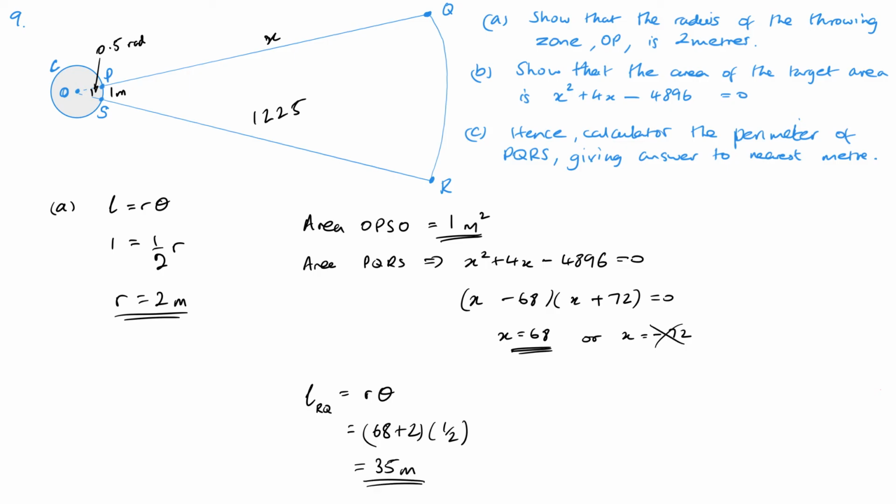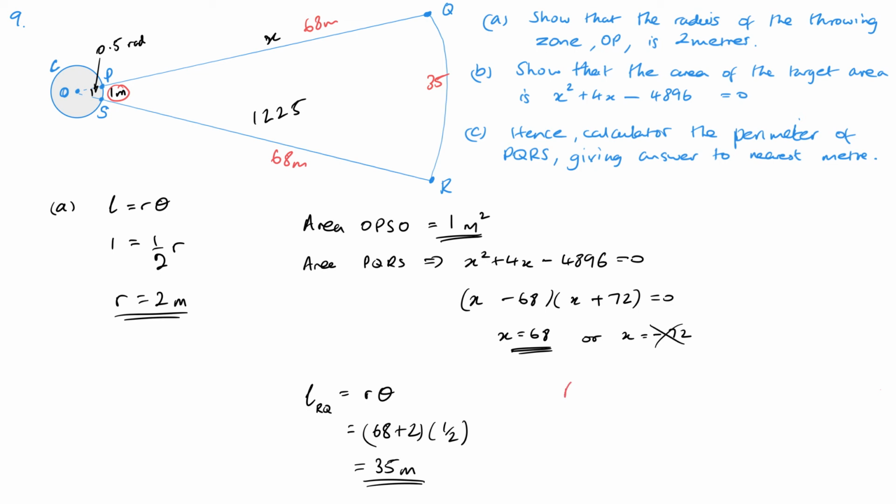Okay, so we've got 1 meter. If I put these on now in red, just so you can see, well, the 1 meter is already there. We've got 68 meters here. This is going to be 68 meters because it's also a radius. And then this one's going to be 35 meters.